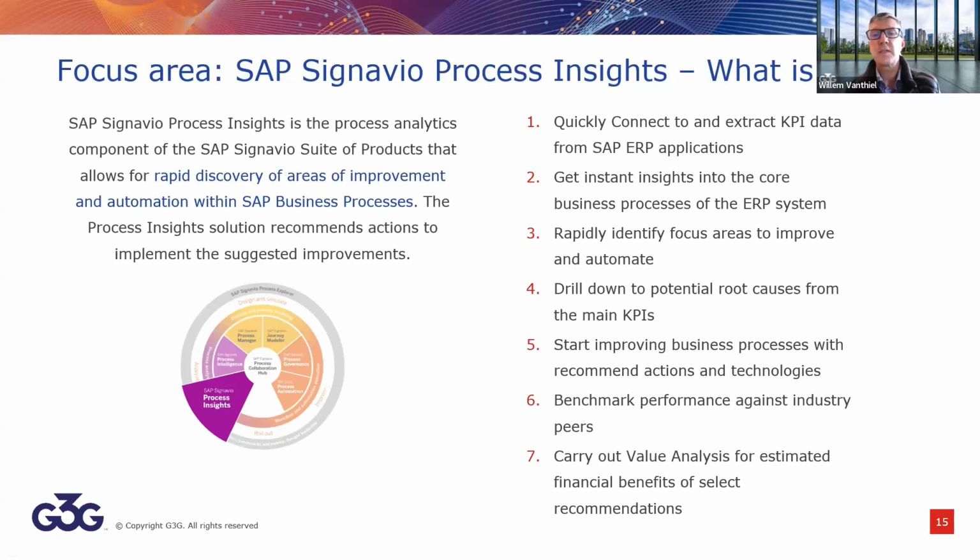So Process Insights is an application that leverages KPIs that exist natively in your ERP system. That ERP system can be ECC or S/4HANA. These KPIs have been available in SAP's ERP solution for many, many years.